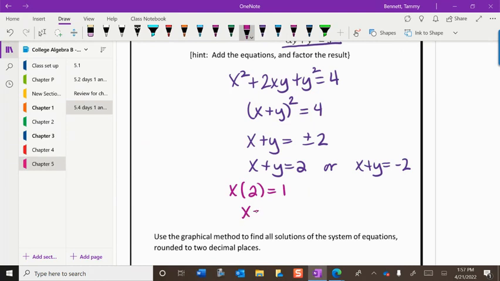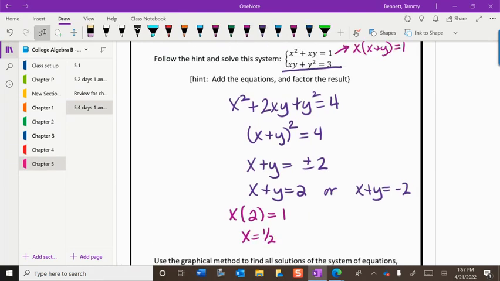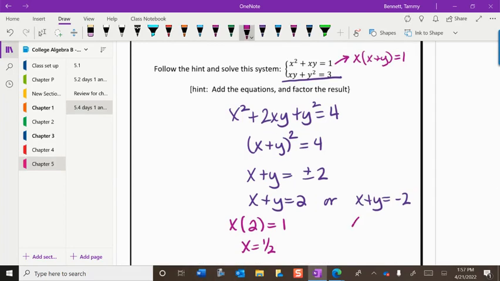So that means x is 1/2. All right, how about the next one? So x times (x plus y) equals 1, and my x plus y is negative 2. So this would be x equals negative 1/2.